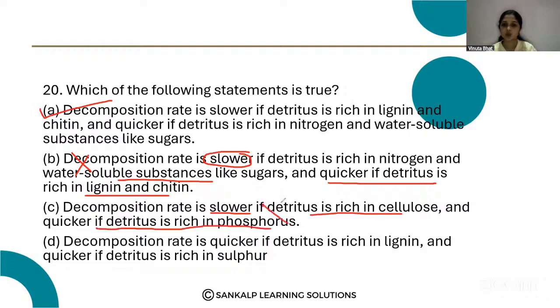This is also a wrong statement. Decomposition rate is quicker if the detritus is rich in lignin? No, if lignin is there, the process will be slower. And quicker if rich in sulfur? No, if sulfur is there, the process will also be slower. So option D is also wrong. For this question, option A is the correct answer.